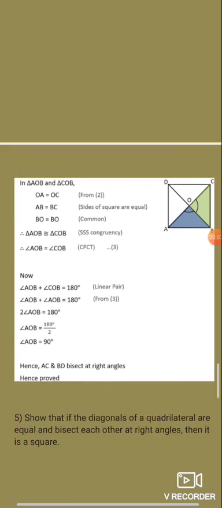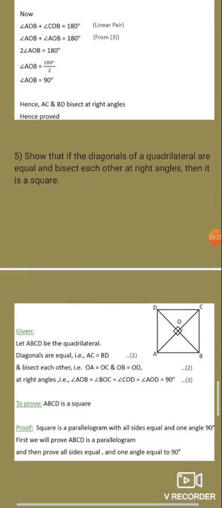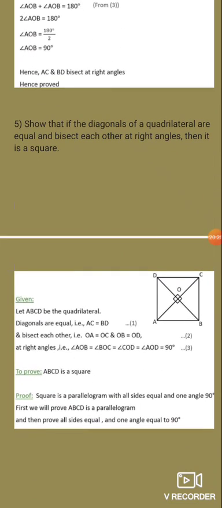Okay, now the last question. Show that if the diagonals of a quadrilateral are equal and bisect each other at right angles, then it is a square. All the questions are the same type. Now listen carefully here. Let ABCD be a quadrilateral.